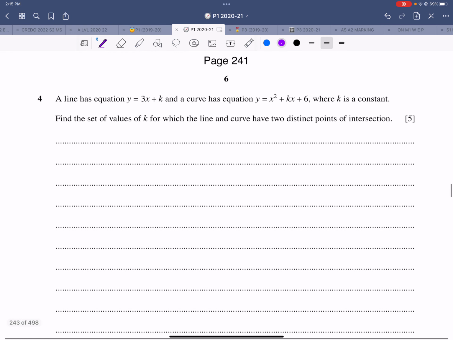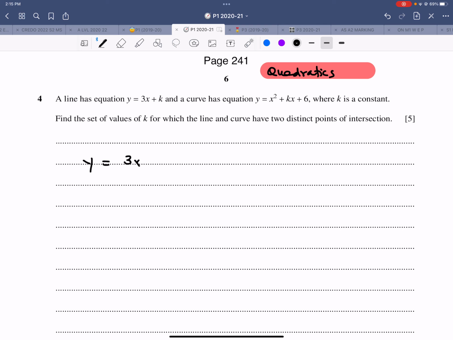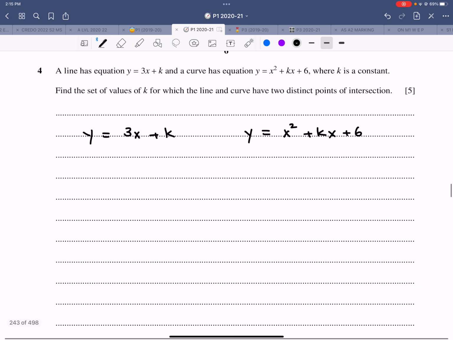Question number 4. What is the question all about? This question looks like it's about quadratics. So the question says, a line has this equation y equals 3x plus k. A curve has this equation y equals x square plus kx plus 6, where k is a constant.